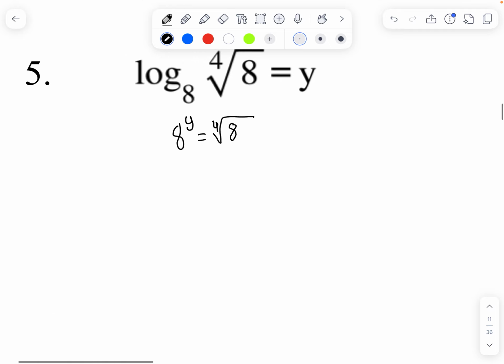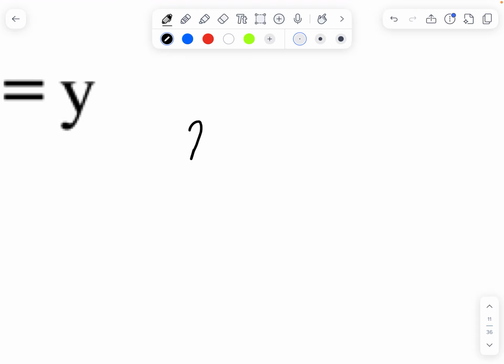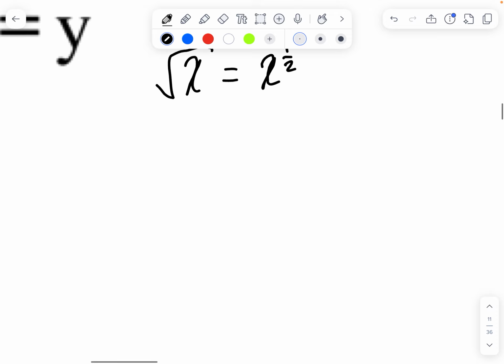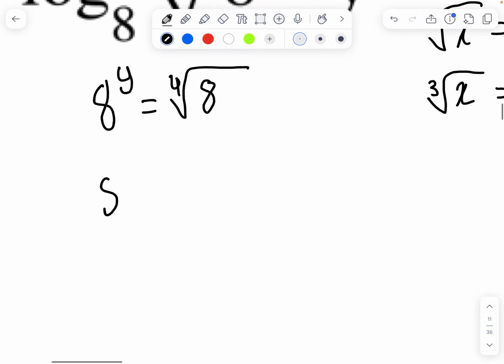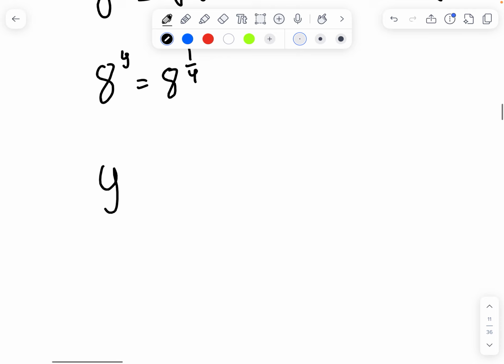And if you know your exponential rules, you know the square root of x equals x to the power of 1/2, and the cube root of x equals x to the 1/3. So that means 8 to the y equals 8 to the power of 1/4. And since they have the same base, y automatically equals 1/4.